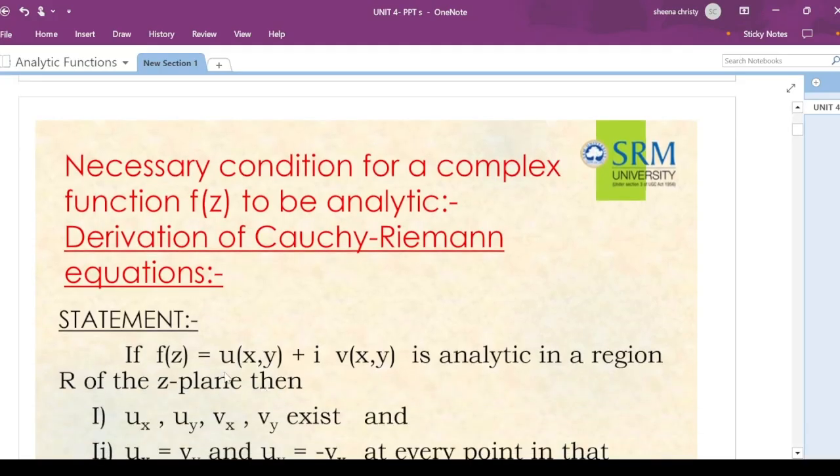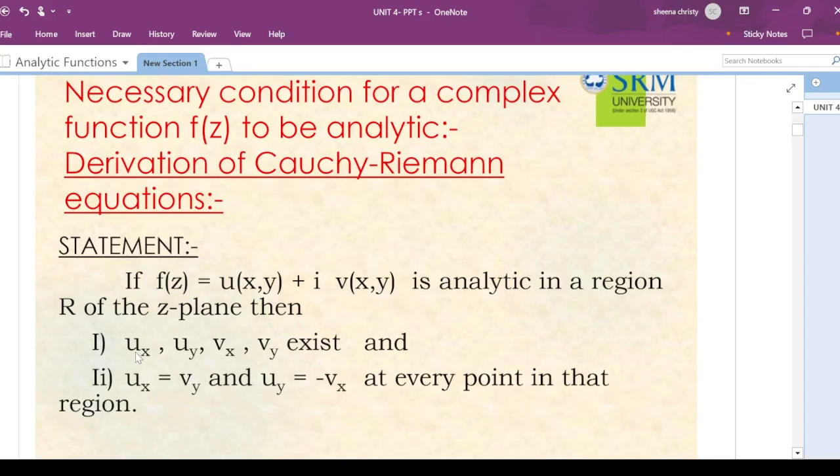Here we are seeing the necessary condition. If f of z equal to u plus iv, where z is the complex variable x plus iy, is an analytic function in a region R of the z plane, then its first order partial derivatives dou u by dou x, dou u by dou y, dou v by dou x, dou v by dou y exist, and it satisfies the equations dou u by dou x equal to dou v by dou y, dou u by dou y equal to minus dou v by dou x at every point in that region.